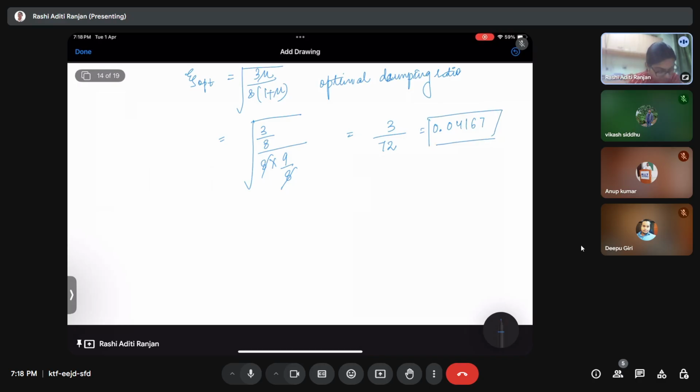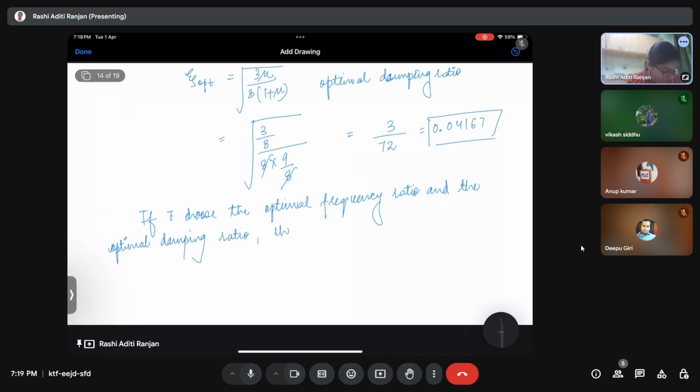So if I choose these, we get the minimum displacement of the primary system. I hope this is clear and there is no doubt in this.